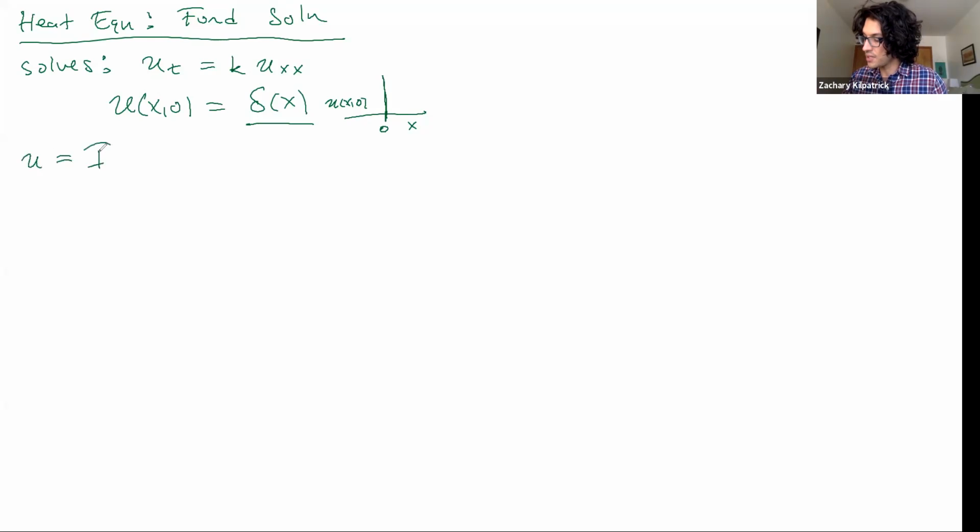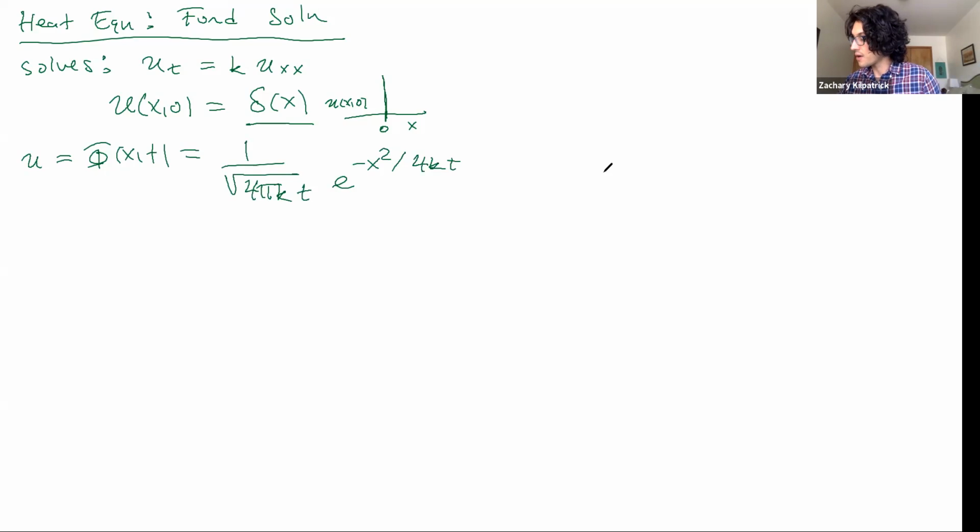has that u is equal to this function phi of x, t, and this is equal to 1 over the square root of 4 pi k t, e to the minus x squared over 4 k t, okay?